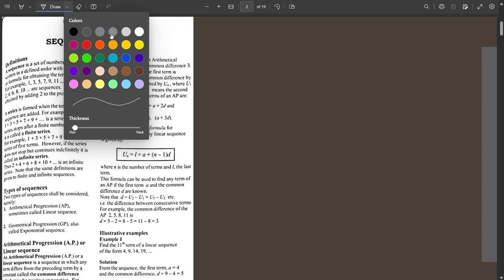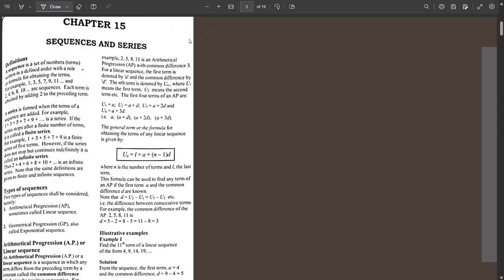So, if we take numbers like this, for example, 1, 3, 5, 7, 9, and 11. This forms a sequence because the numbers are separated by commas.